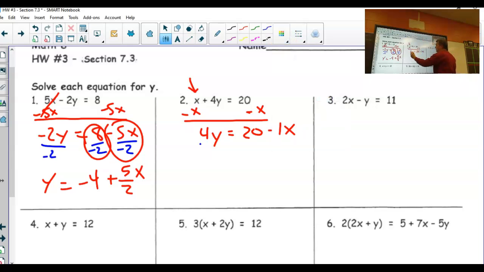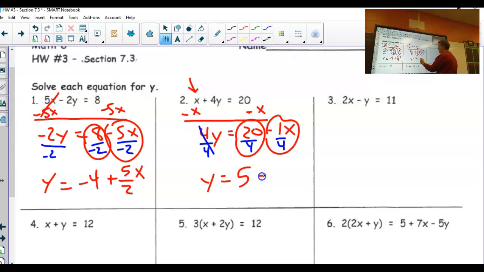The next thing I would want to do is divide by the 4 to cancel out the 4. And that gives me y equals 20 divided by 4 is 5. And -1 divided by 4, again, that would be a decimal, so I'm just going to leave it as a fraction. And it would be -1/4 x.